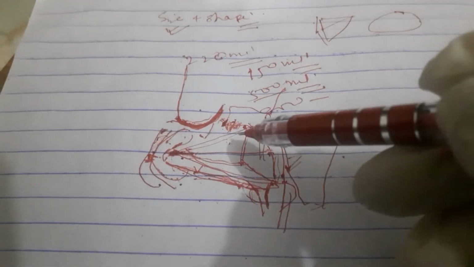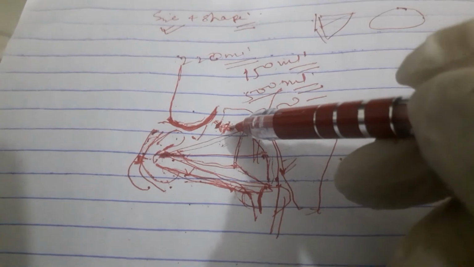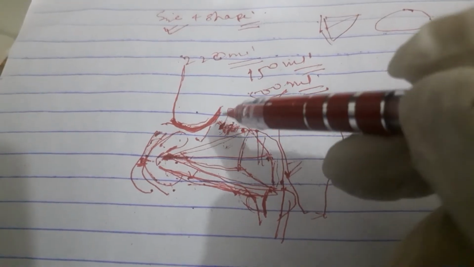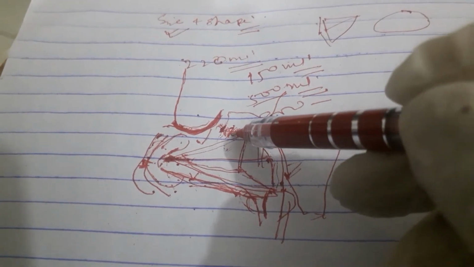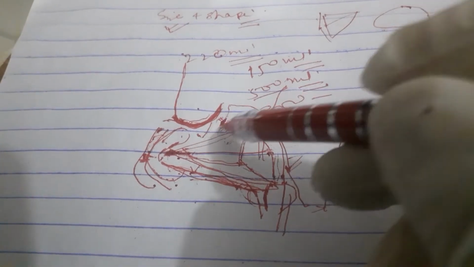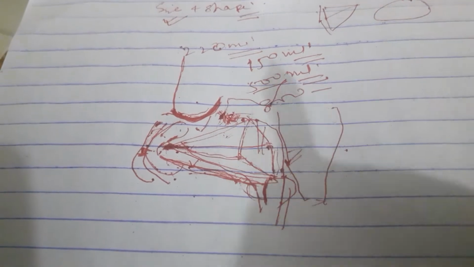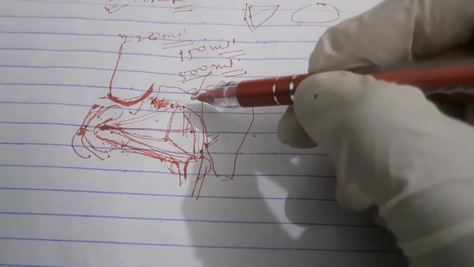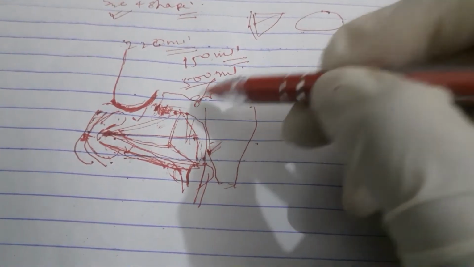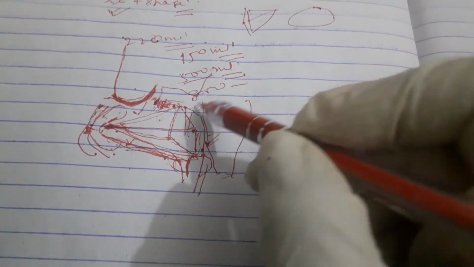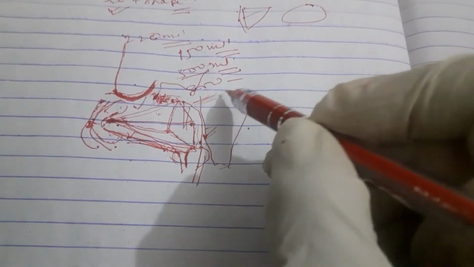Posteriorly, there is the posterior true ligament of the urinary bladder. Later we will discuss the ligaments of the bladder.